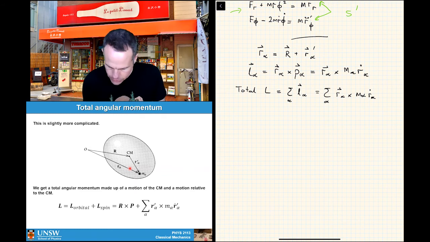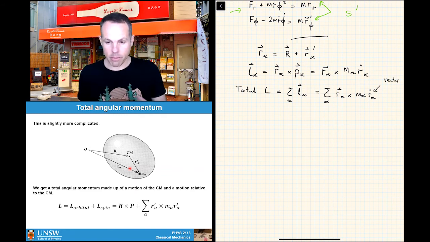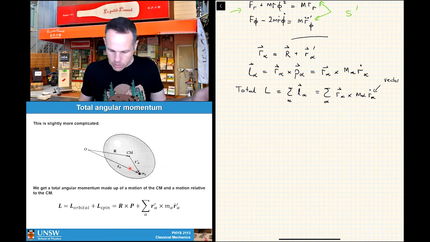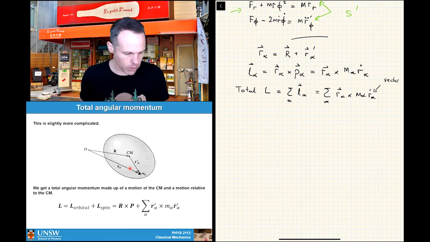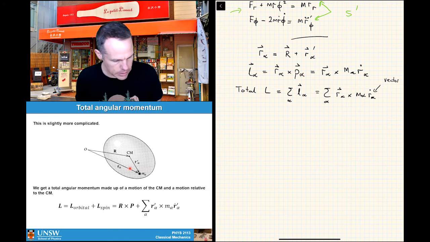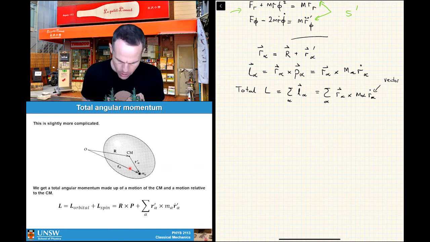Where this r alpha dot here is actually a vector, just to be really clear, right? Because we've got a vector cross product and mass is a scalar, so the vector has to be attached to something. There's a direction attached to the change in the position of that little piece of mass, okay?